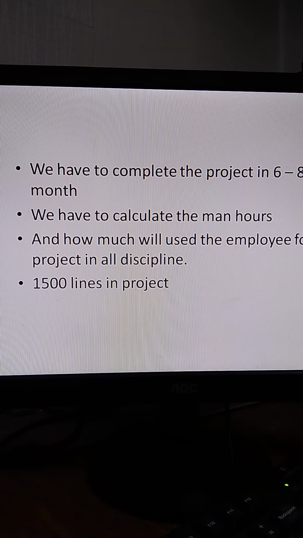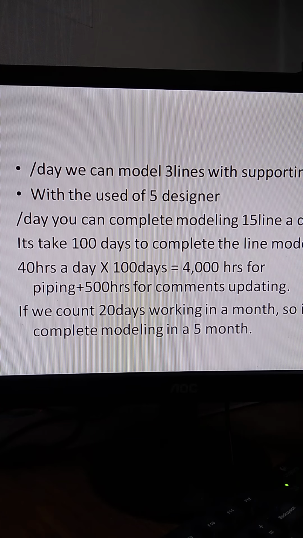If we know the project has 1500 lines, how can we calculate the man hours? For one day, how many lines should be completed with supports, and how many designers do we have to use? If per day we can model 3 lines with supports per designer, using 5 designers, then per day we can complete modeling of 15 lines a day. So it takes 100 days to complete the line modeling.